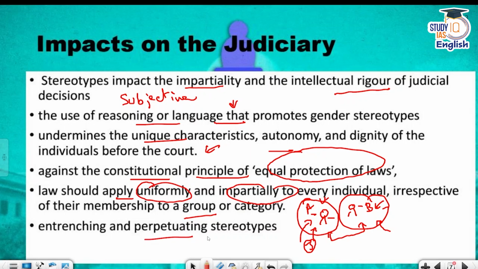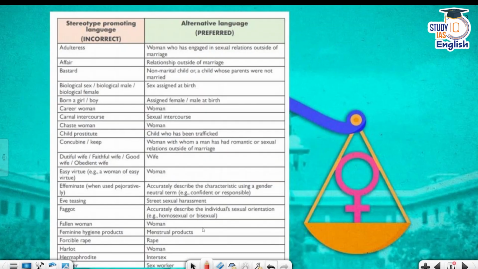Also, the judgments that are undertaken can entrench and perpetuate stereotypes. Entrench as in, if the judgments are using certain words which are not very healthy for the society, such as adulteress, affair, bastard, this will definitely tell the society it is okay for even us to use that. So adulteress has been termed as incorrect in this particular handbook.